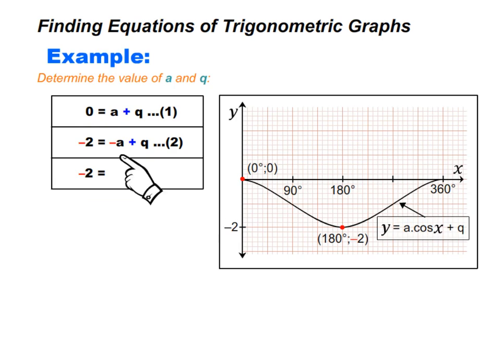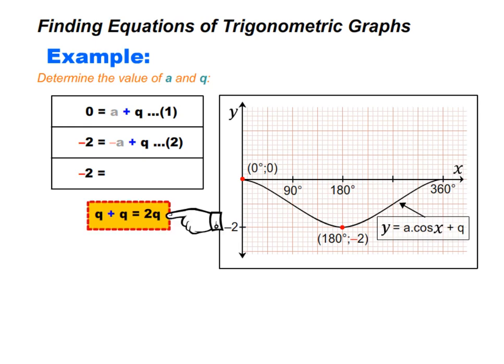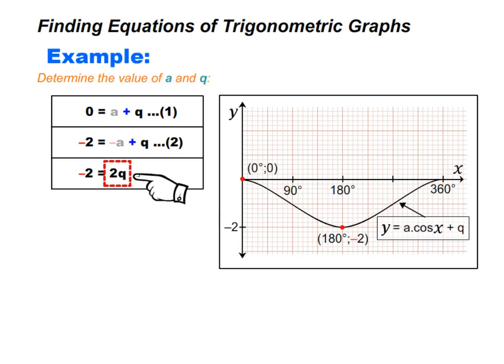So the a's disappeared. Look at this q and look at the other q. Q plus q is equal to 2q. So we have 2q on our right hand side. So far we have negative 2 is equal to 2q.